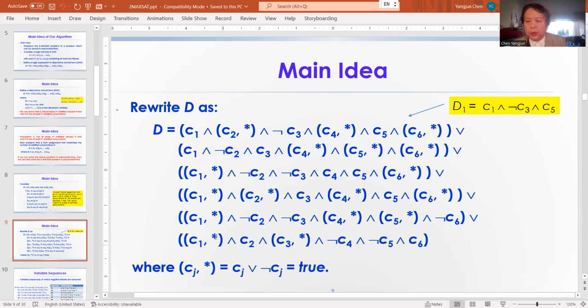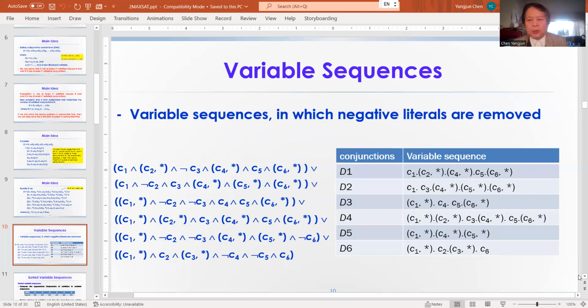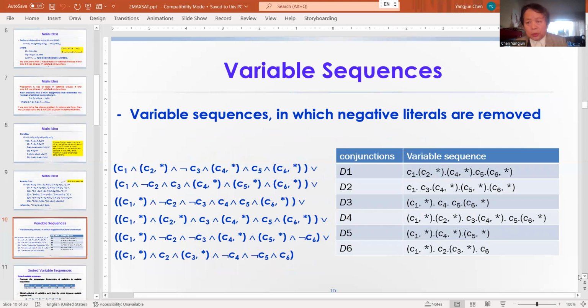In this way, we'll rewrite the above logical formula in a new format, but this new logical formula will have the same value as the previous one. Doing this enables us to represent each conjunction as a variable sequence like this, with each negative letter being removed.